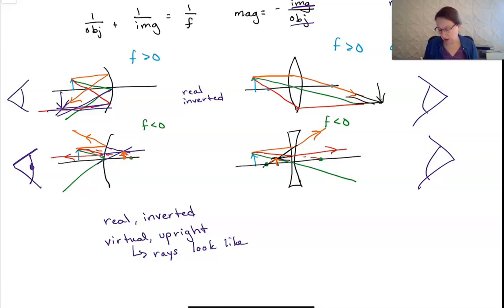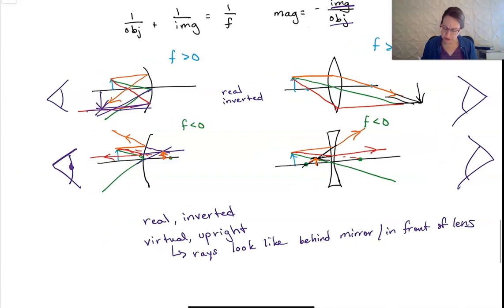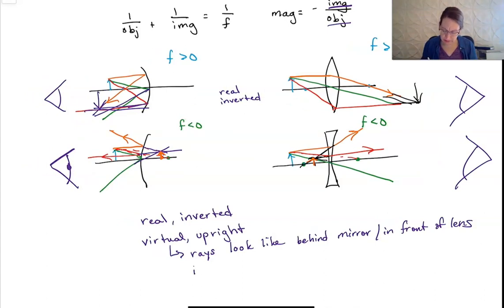So the rays look like they're coming from where they aren't located, either behind the mirror or in front of the lens in the second spot. Excuse me. And for virtual image, then the image distance is less than 0. That's negative for virtual.